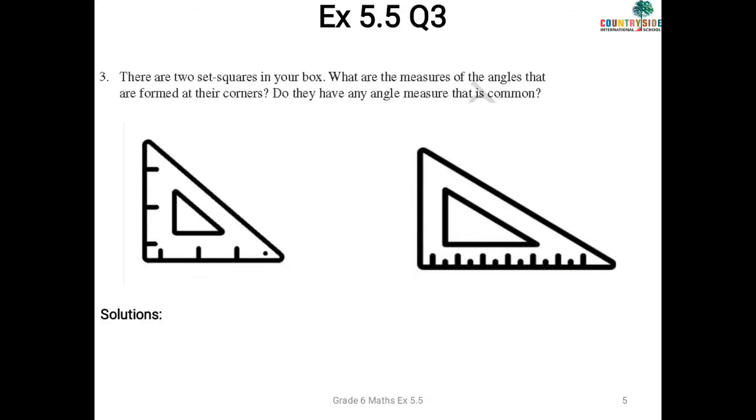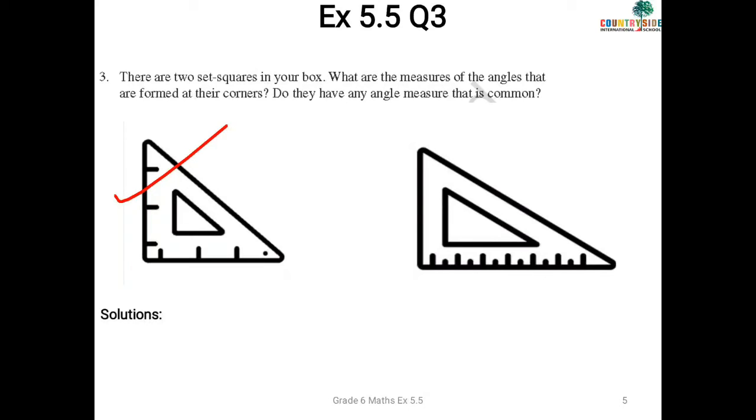So scholars, now let's see question number 3 from exercise 5.5. This is the easiest question. What is written in the question? There are two set squares in your geometry box. What are the measures of the angles formed at their corners? Do they have any angle measure that is common? As you can see in the diagram, you might have two sets in your geometry box.